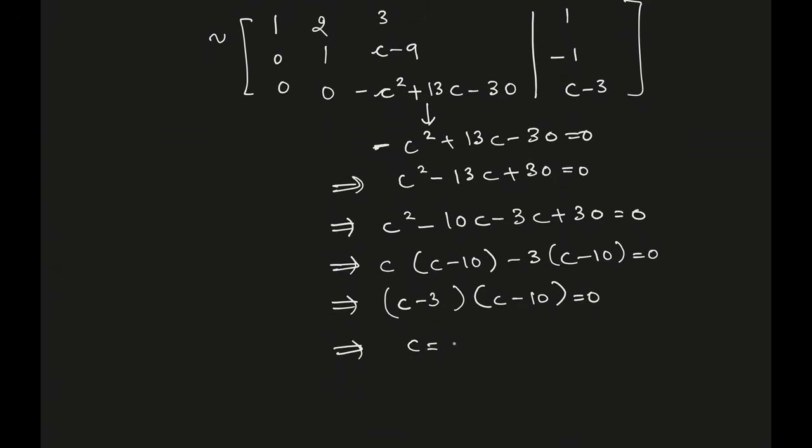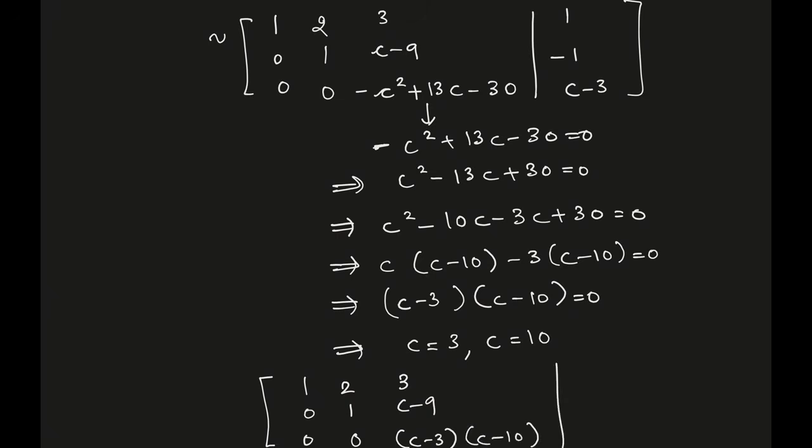So c is 3 and c is 10. So this will be 1 0 0, 2 1 0, 3 c minus 9 (c minus 3)(c minus 10), 1 minus 1 c minus 3.